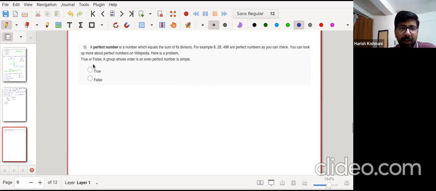So here's the problem: a group whose order is an even perfect number is simple. Before solving that, I want you to know this fact, which is not given in the question.